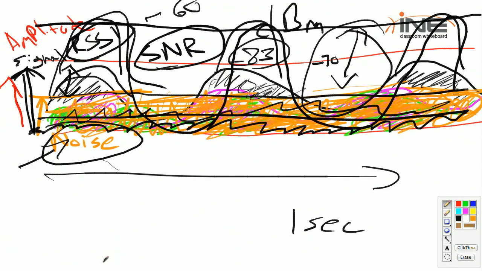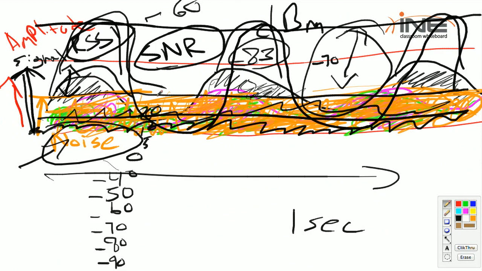I've already alluded to it, so let's just go ahead and look at it. Let's say I have negative 90 down here. This would be negative 80, negative 70, negative 60. So we're actually increasing, negative 50, negative 40, getting to zero. And then we have positive integers like 5, 10, 20, 30 decibels of milliwatts, or decibels of whatever it happens to be that we're talking about at the moment.